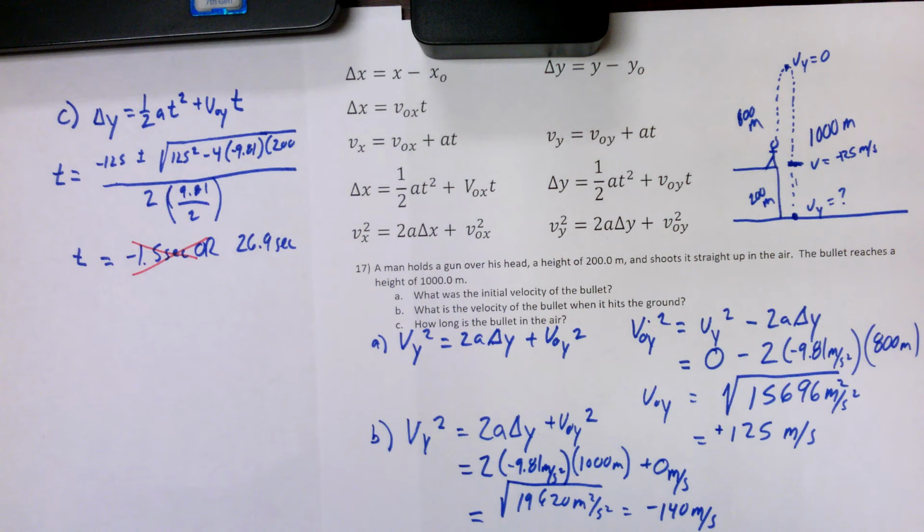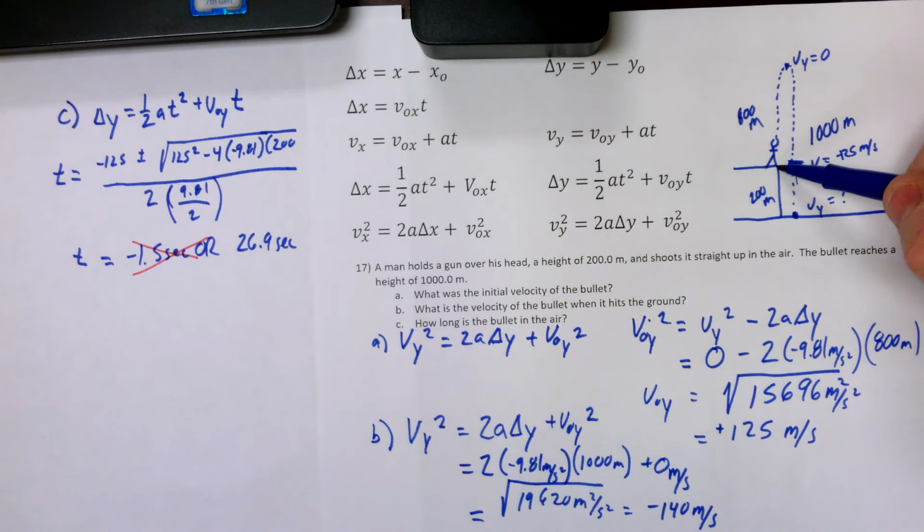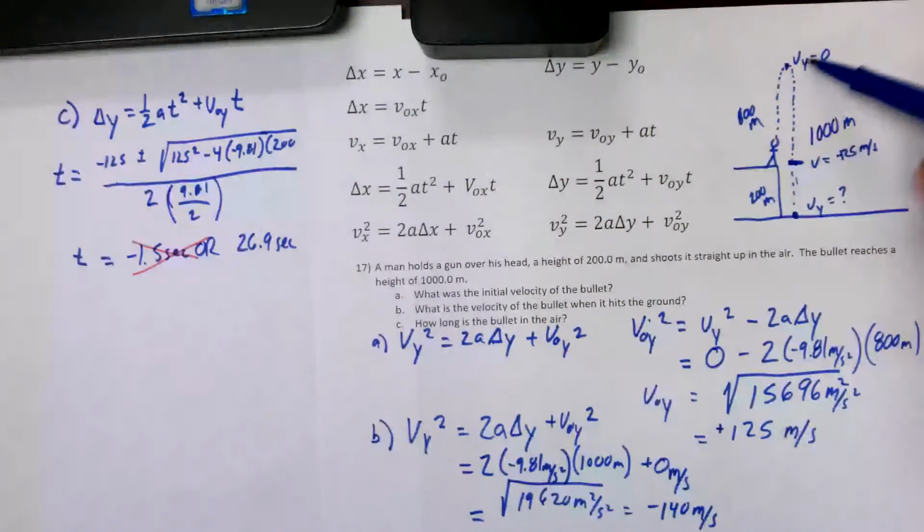Now, if you are not comfortable with the quadratic formula, but you're okay with some of the other math problems, we could do this a little bit different way. We could actually calculate the time over a couple of the different segments and then just combine them. And I'll show you that too. So with this one here, time to go up from 125 meters per second to 0, it's over 800.